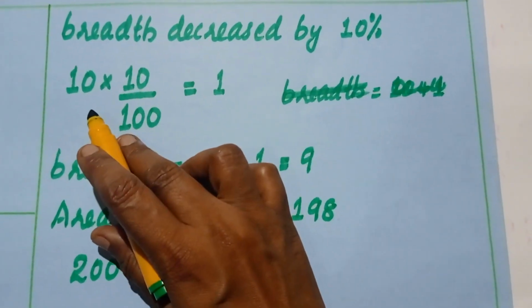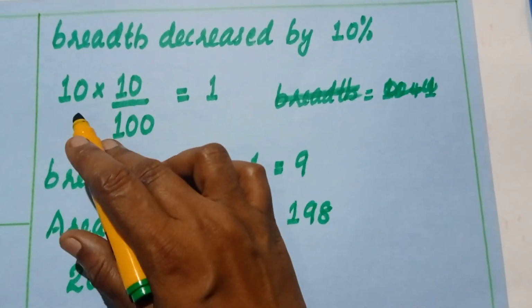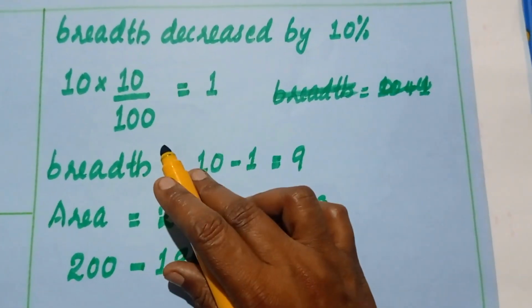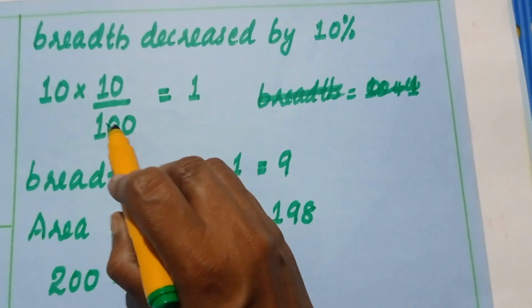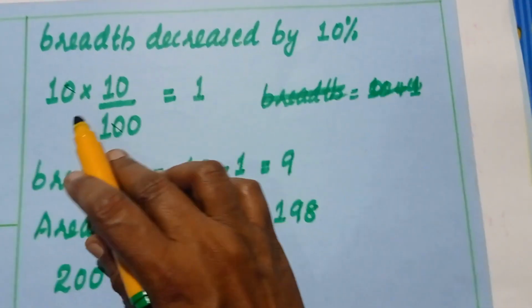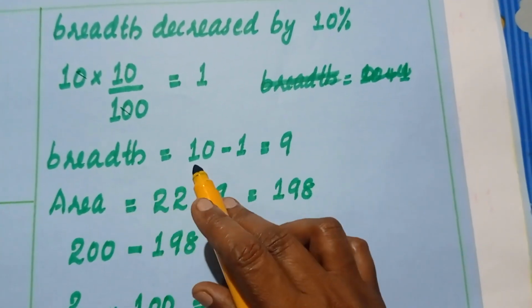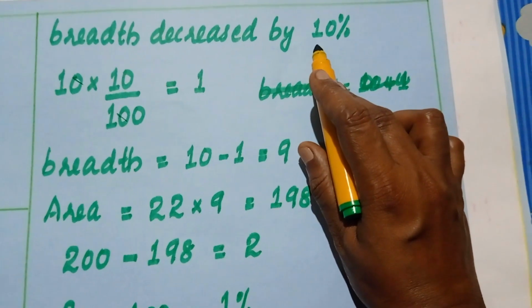Next, breadth decreased by 10%. Breadth is taken as 10 centimeter. Then 10% of 10 centimeter. That is 10 into 10 by 100. Cut 1 0 here and 1 0 here. Then 1 into 1, 1. Then breadth is 10% decreased.